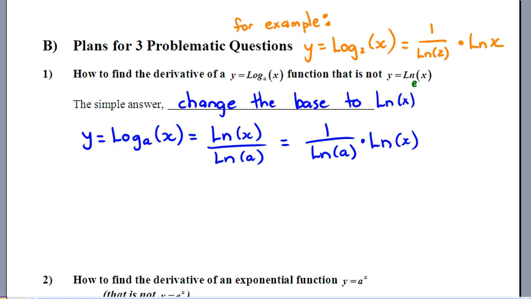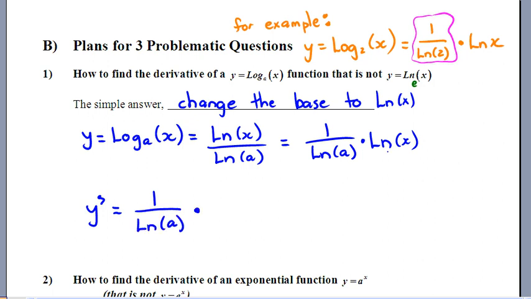Don't be bothered by this, because it's just some nice little constant that's there. If you had to do a derivative of this once we've changed the base, that constant, 1 over ln 2 for my orange example, or just 1 over ln a, is just going to hang around. It's just a number.